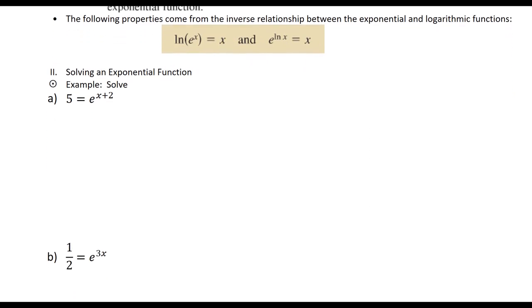Now one of the most common ways that we use this is we solve an exponential equation using logarithms. So if I wanted to solve 5 equals e to the x plus 2, I might start by taking the natural log of both sides. So I'd have the natural log of 5 equals the natural log of e to the x plus 2.